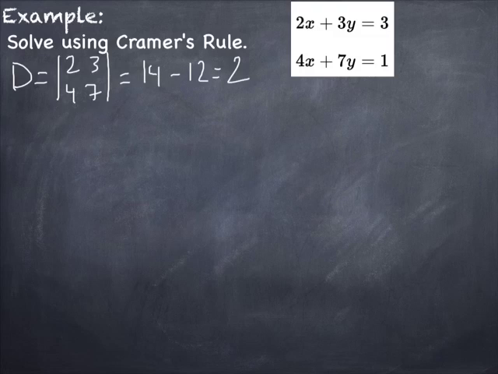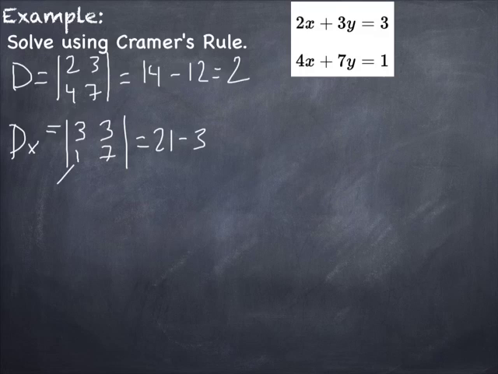So that value is 2. Dx, this time I'm switching out the 2 and the 4 for 3 and 1. So it's 3, 1, 3, 7. 3 times 7 is 21. 3 times 1 is 3. 21 minus 3 is 18.